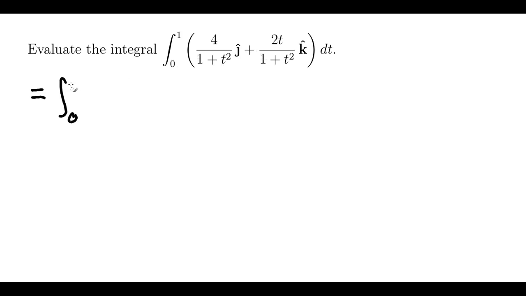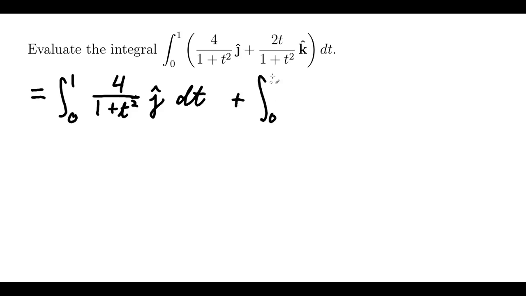So we should be able to break this up as the integral from 0 to 1 of 4 over 1 plus t squared j dt plus the integral from 0 to 1 of 2t over 1 plus t squared k dt, right? Not worrying about the fact that j and k are vectors, just thinking about them as being constant quantities. We can split up this integral like this.